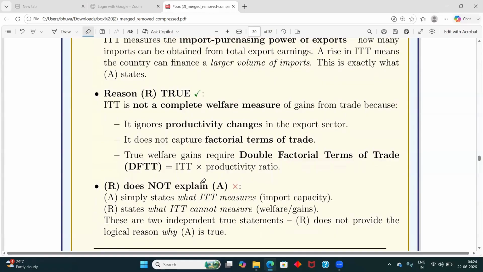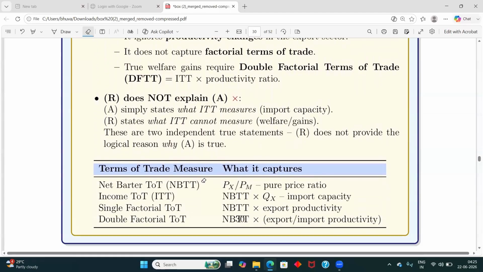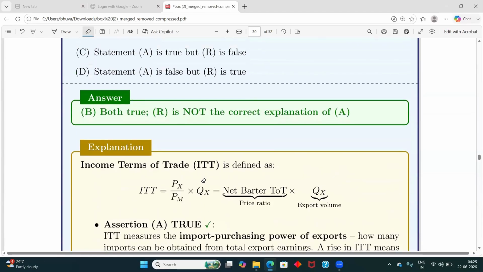The reason does not explain the assertion, because one states that ITT measures import capacity and the other states that ITT cannot measure welfare gain. So these are two independently true statements. So option B is the correct answer through this explanation.